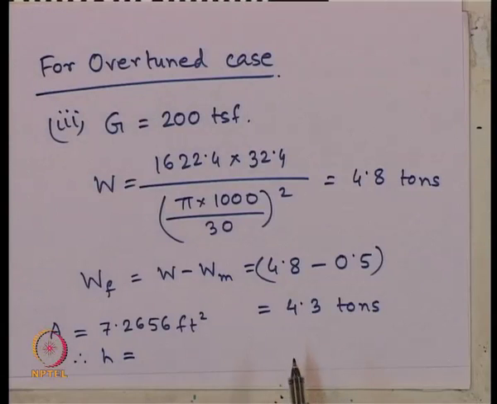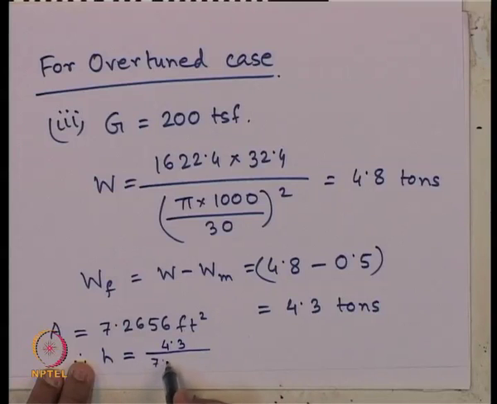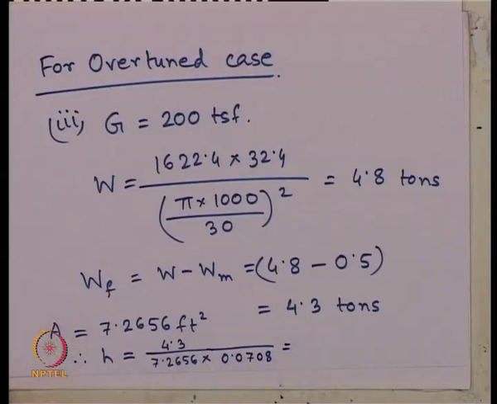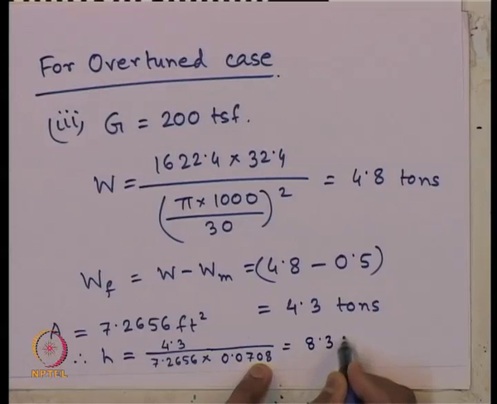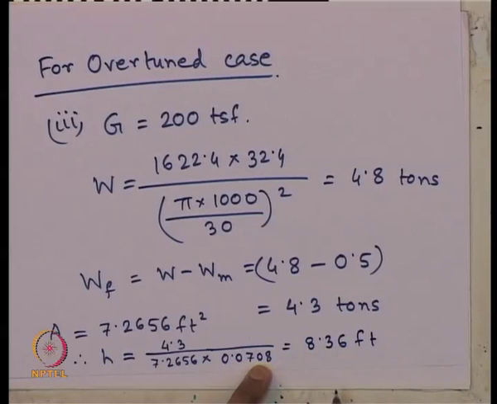How much height is required? Then 4.3 divided by 7.2656 into unit weight of concrete is 0.0708, so much of feet. It is coming how much? See, 8.36 feet is the height.